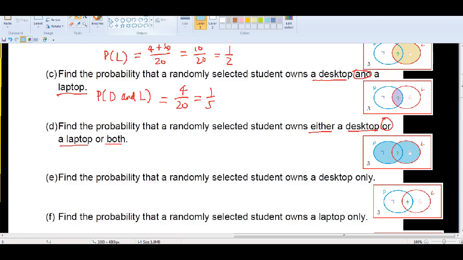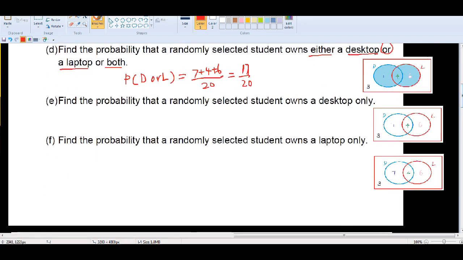So the probability of desktop or laptop, or both, should be 7 plus 4 plus 6, which is 17, over 20.